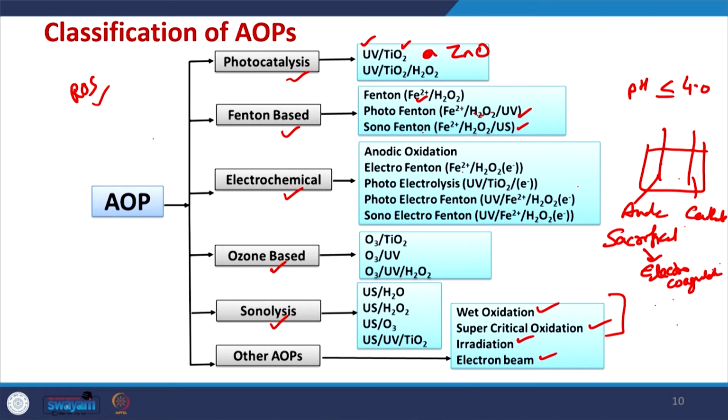Now, if this anode is not oxidizing itself, though it is oxidizing the pollutants in the water, then it is called anodic oxidation or electrochemical oxidation.